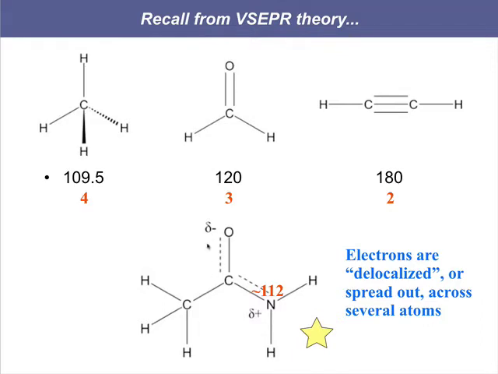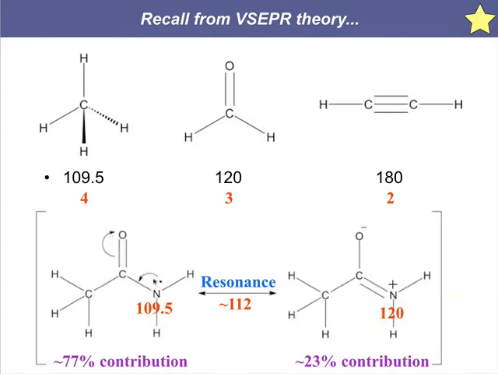In the real picture, the electrons are spread out, right? We moved these electrons from the nitrogen to between the nitrogen and the carbon, and the electrons between the carbon and the oxygen onto the oxygen. We've effectively transferred a lone pair from the nitrogen up to the oxygen.